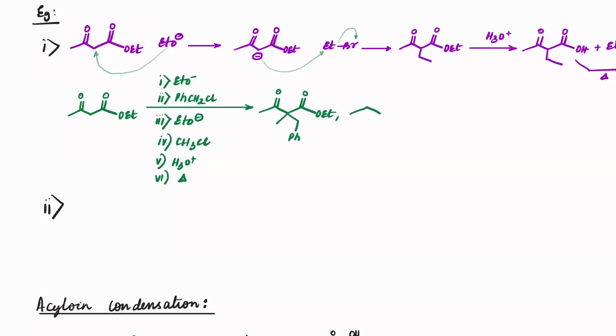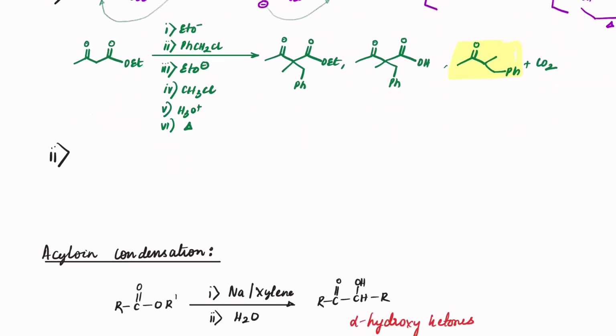Thereafter, on hydrolysis, we will get this as an acid here, like this, with Ph. And that on strong heating will give you Ph here and CO2. So this is the final product that you are expected to report. Done?